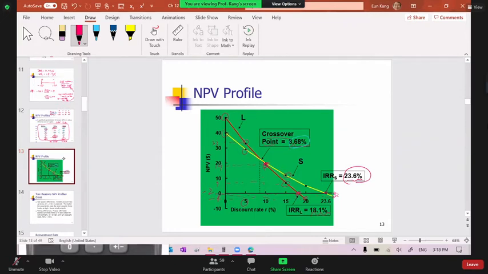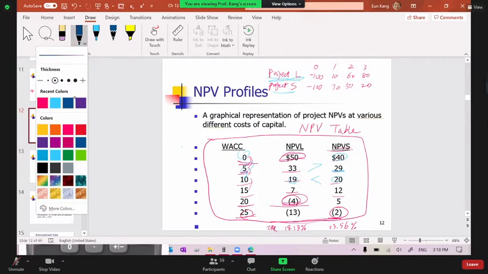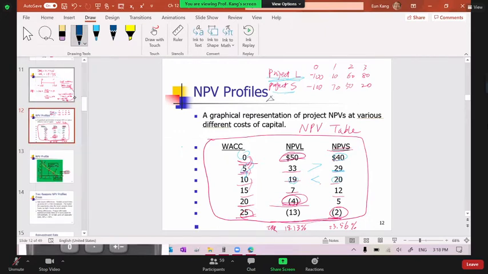Then to calculate the crossover point, you have to calculate the delta project. There is an important technique: the delta project, or to be consistent, the project delta.